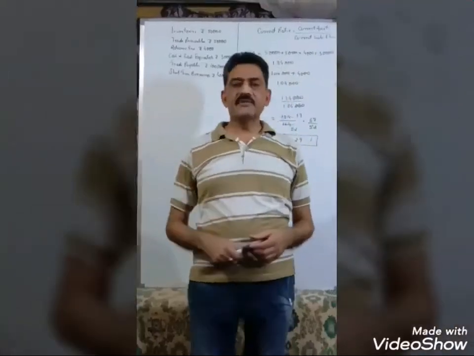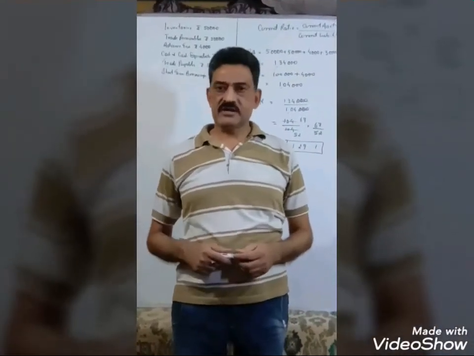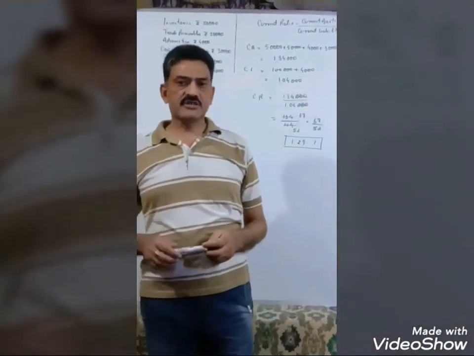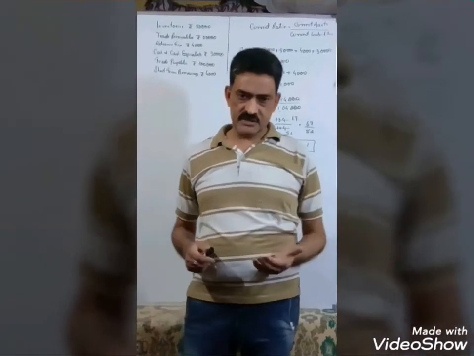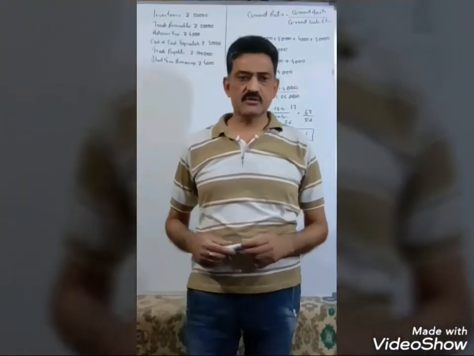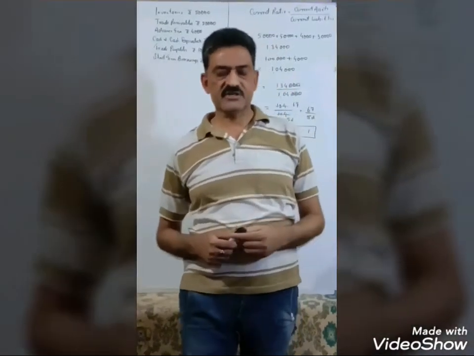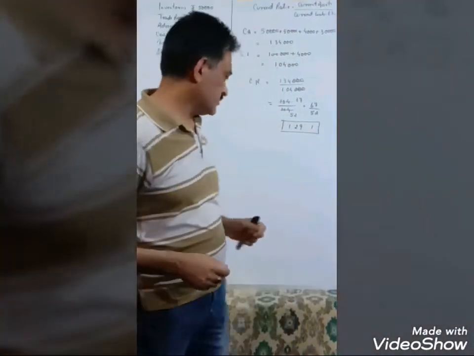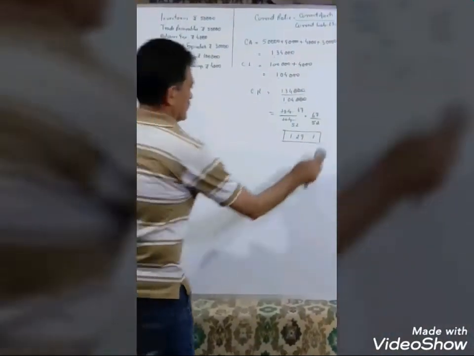Now we will take another question from NCERT book. In this question, a balance sheet is given. In the balance sheet, we have all the current assets as well as current liabilities. So on the basis of that information, we have to find out the current ratio of a company.